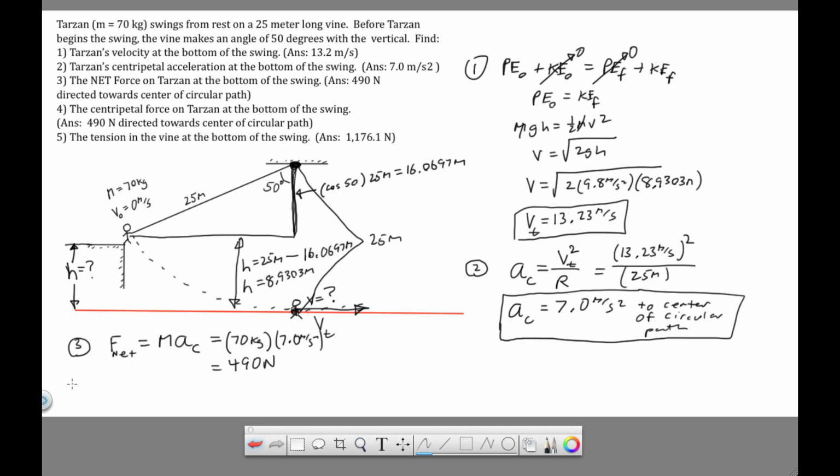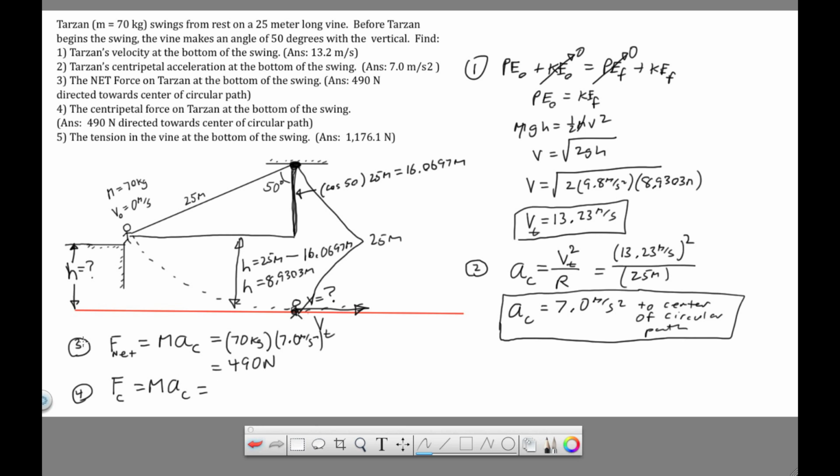And for question number 4, the centripetal force, well, up here we have F net equals mass times centripetal acceleration. If the acceleration you're talking about is a centripetal acceleration, then that means the force is a centripetal force. So for question 4, we just go centripetal force is mass times centripetal acceleration.